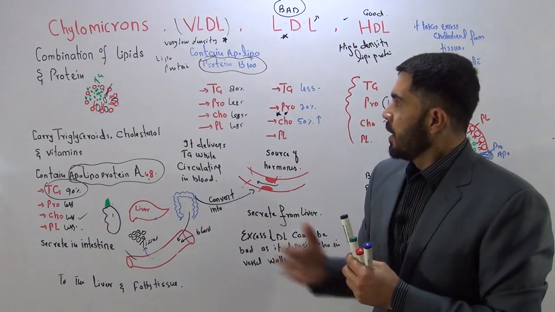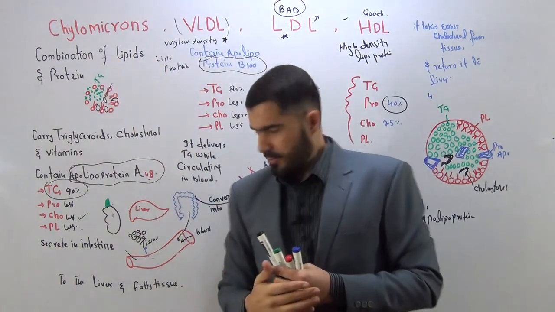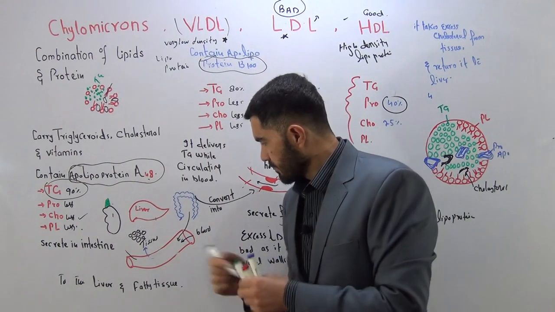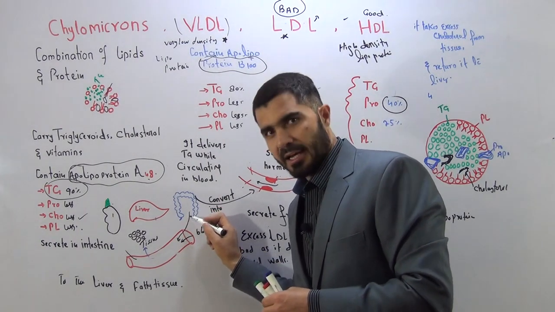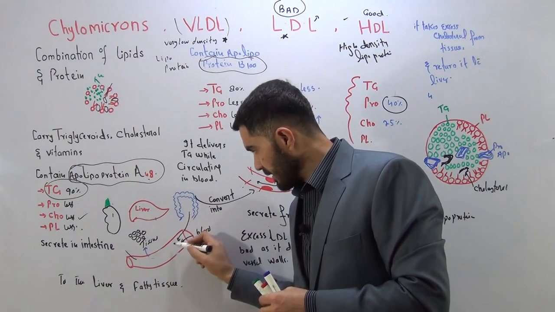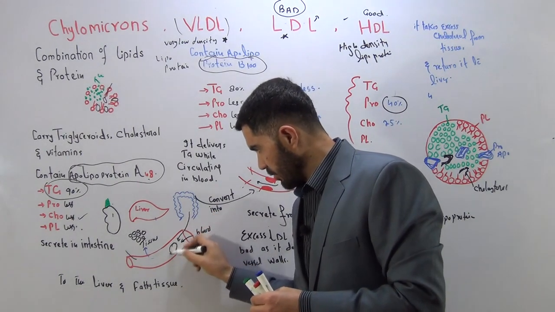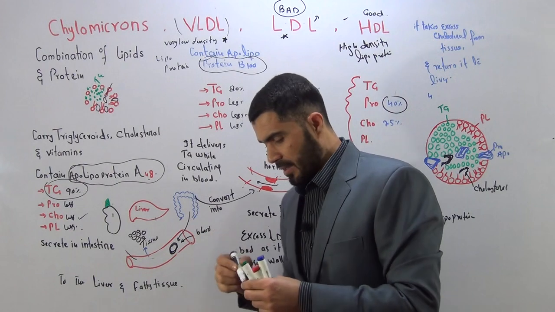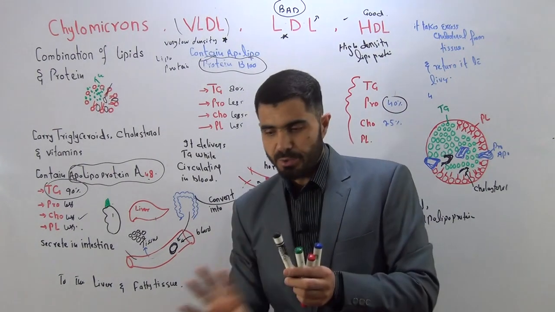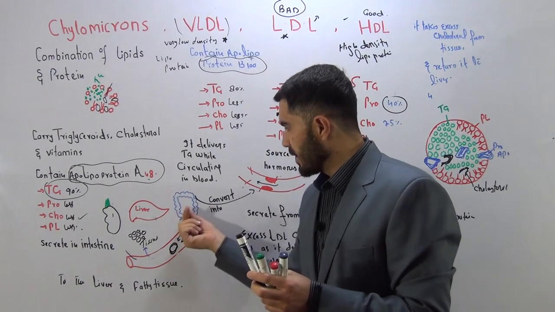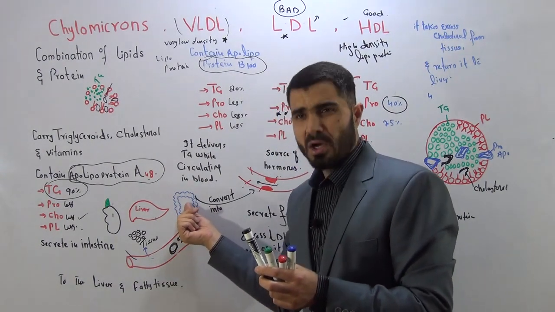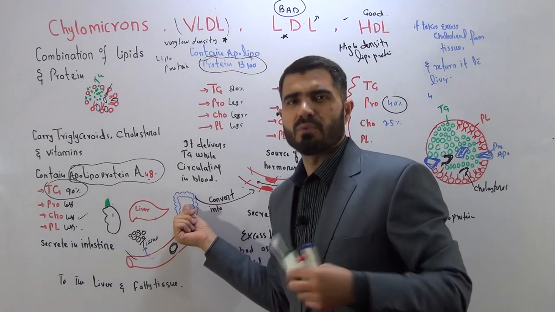Okay. Come to the function of chylomicrons. Chylomicrons start their journey from the intestine. When it's secreted from the intestine, it enters your blood. So when it enters your blood, it will distribute the triglycerides that it has taken from the intestine, whether it is triglycerides or vitamins whatsoever.